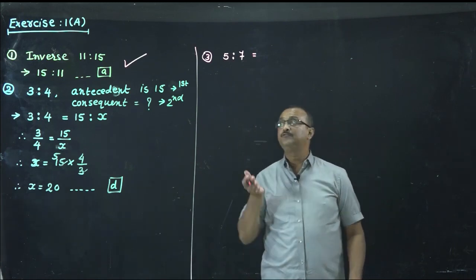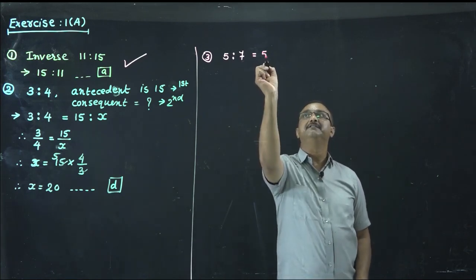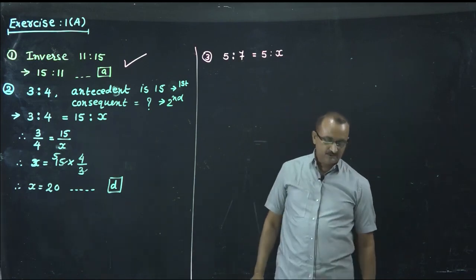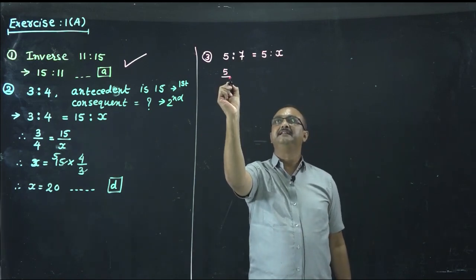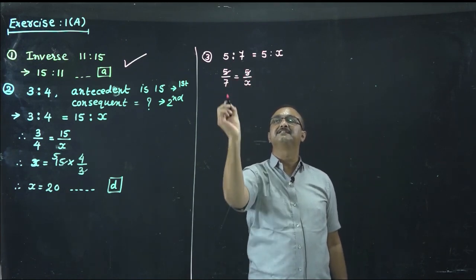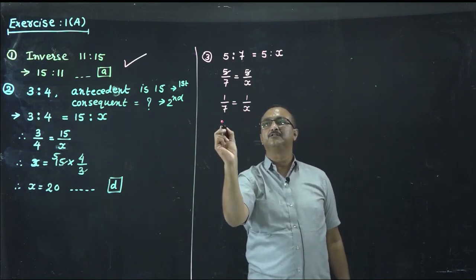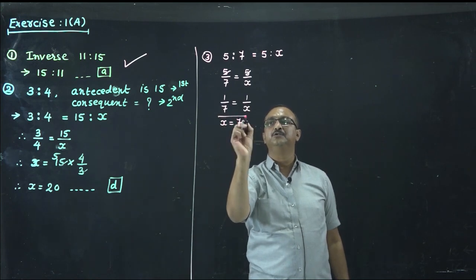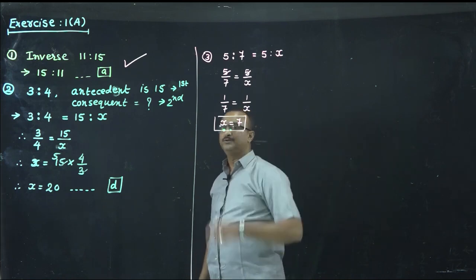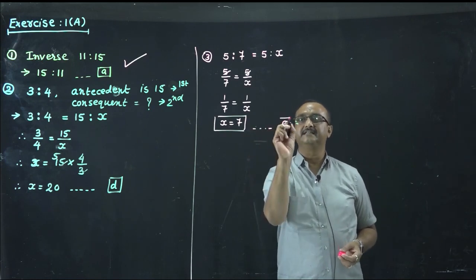The consequent of the inverse ratio becomes 5, and we suppose the antecedent is x. So 5/7 is equal to 5/x. 5 cancels, therefore 1/7 is equal to 1/x. Cross multiplication, x is equal to 7. So the antecedent of the inverse ratio is x equal to 7 and C is the correct answer.